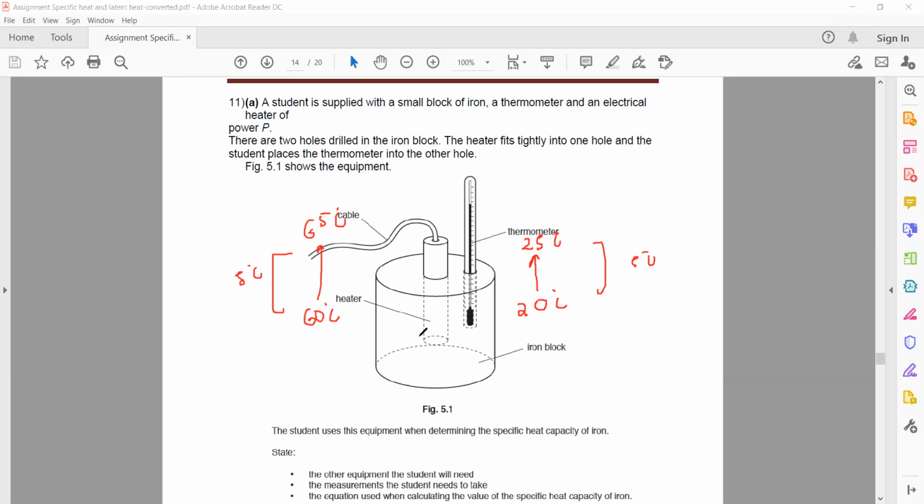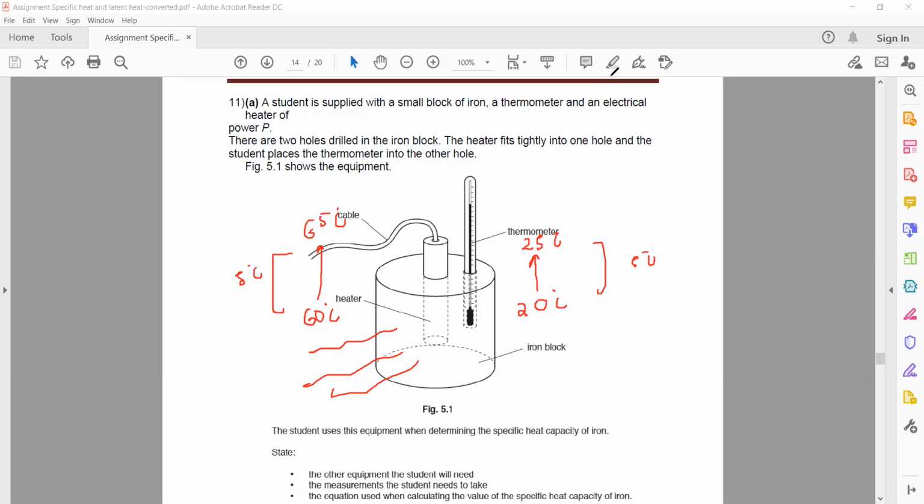Why? Because at higher temperature, the rate of heat loss is greater. If you have anything hot, it will lose more energy to the surroundings compared to a lower temperature. So that's why we should change the temperature at lower values. If you change the temperature at higher values, the rate of heat loss will also increase.